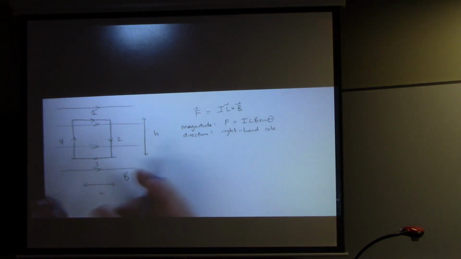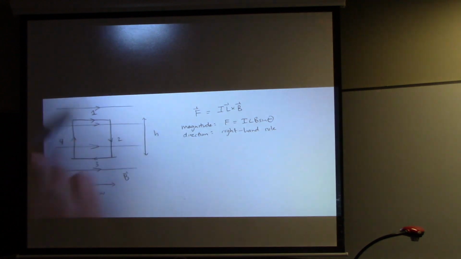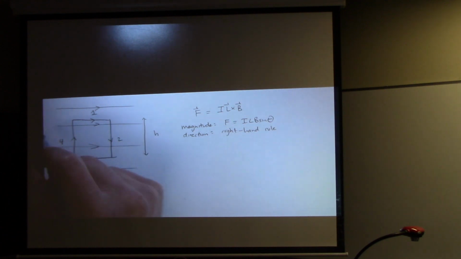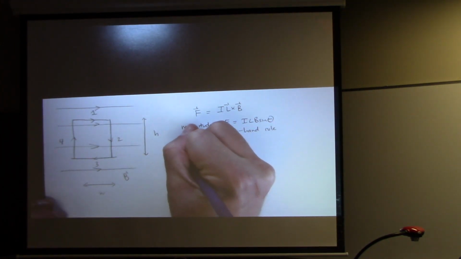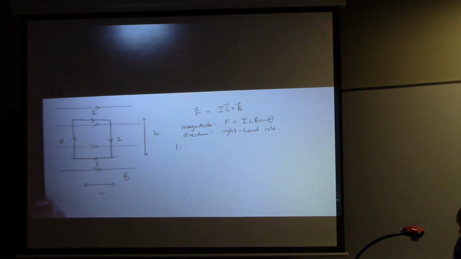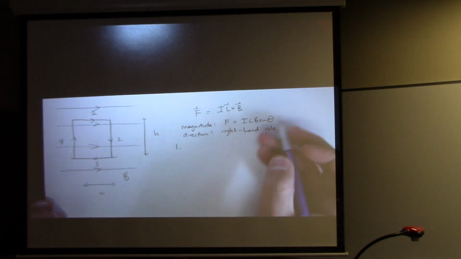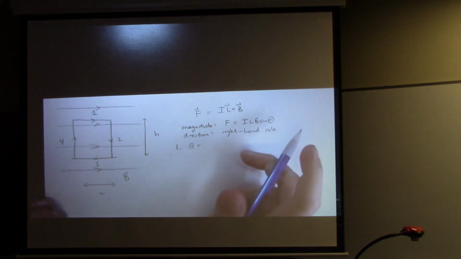So I just copied down the picture. Again, we have a rectangular loop, height h, width w. It's all in a magnetic field going to the right, and we've numbered the segments 1, 2, 3, and 4. Let's start with segment number 1. What kind of force is going to be acting on that segment? Well, it's I L cross B, but that means the angle theta between L and B comes into play.